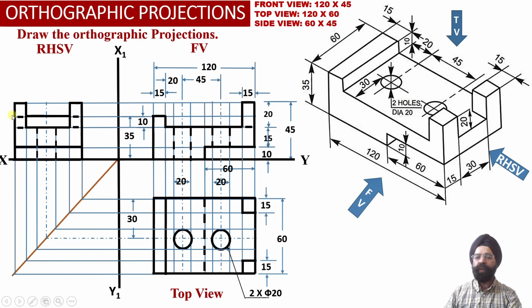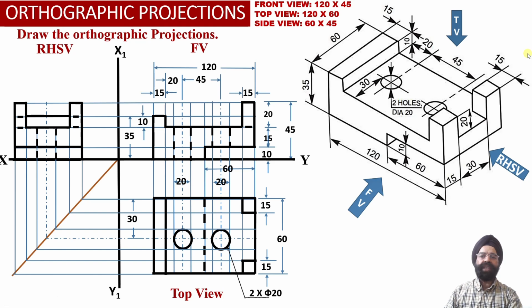So this way we have been able to obtain the front view orthographic projections, the top view orthographic projections, and the right hand side view orthographic projections corresponding to an engineering object for which the 3D isometric projections were available with us.